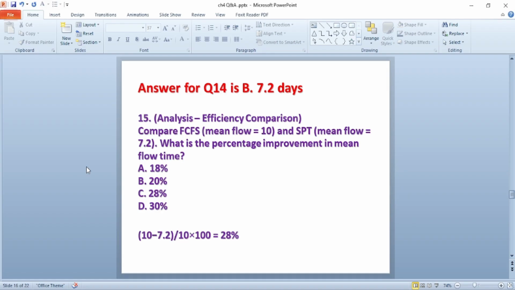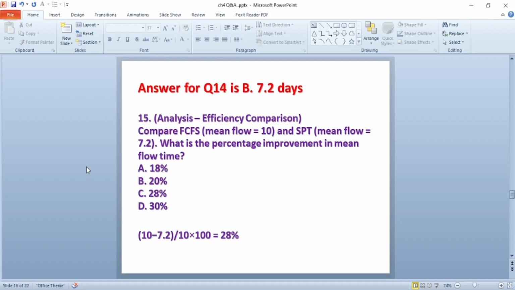Question number 15. Compare FCFS mean flow, which is equal to 10, and SPT mean flow, which is equal to 7.2. What is the percentage improvement in mean flow time?